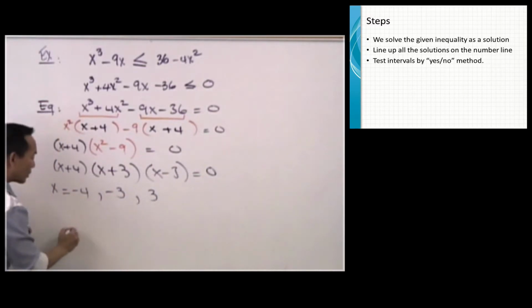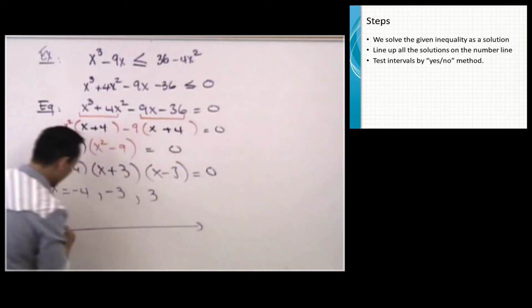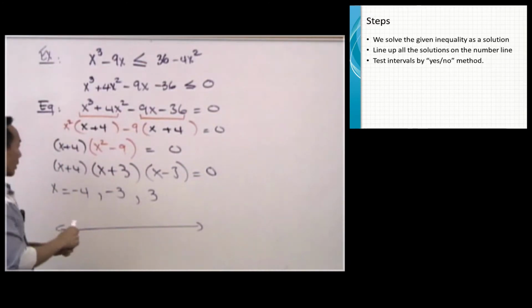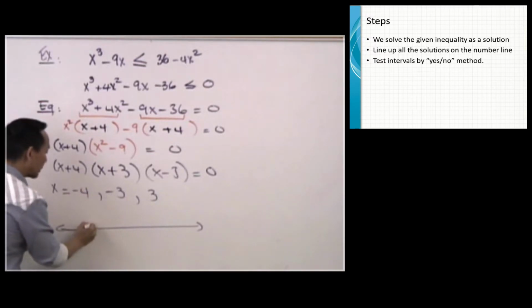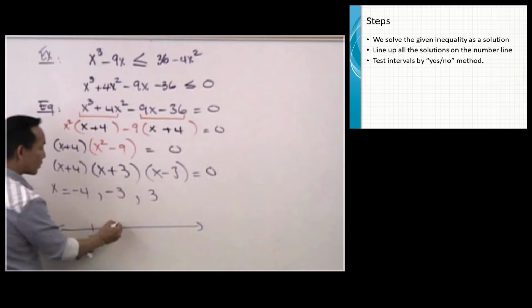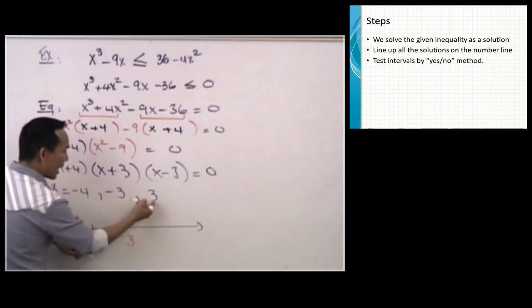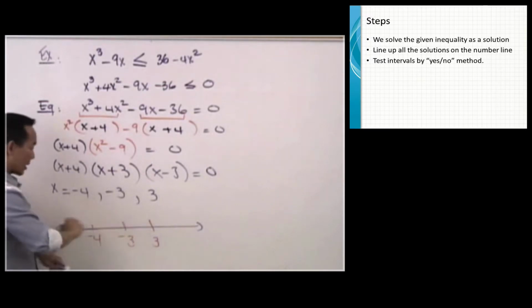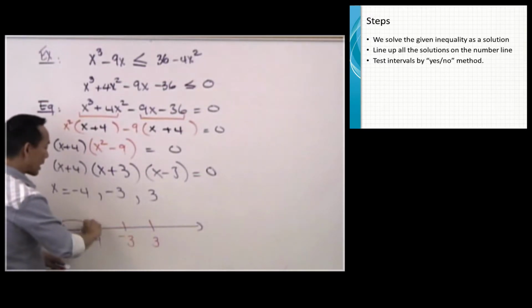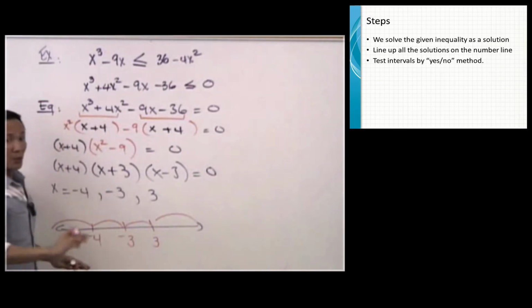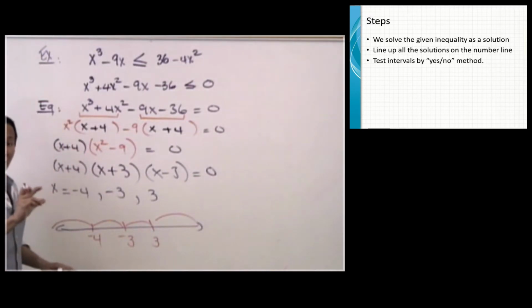So I am going to line them all up on the number line from small to large. The first number I mark on the number line is negative 4. The second one is negative 3. And the last one is 3. So these 3 solutions will divide the number line into 4 intervals. So we have to shade in the correct one.